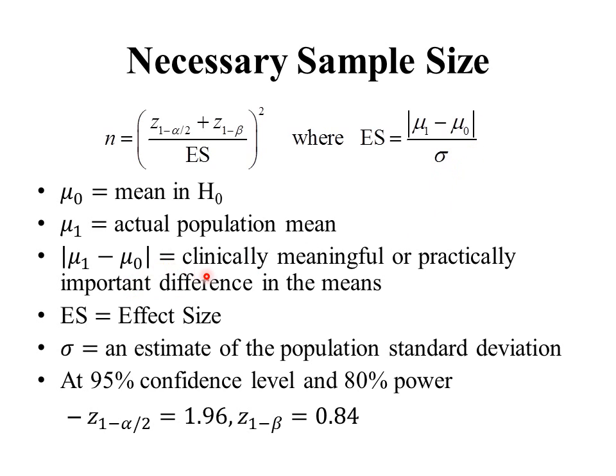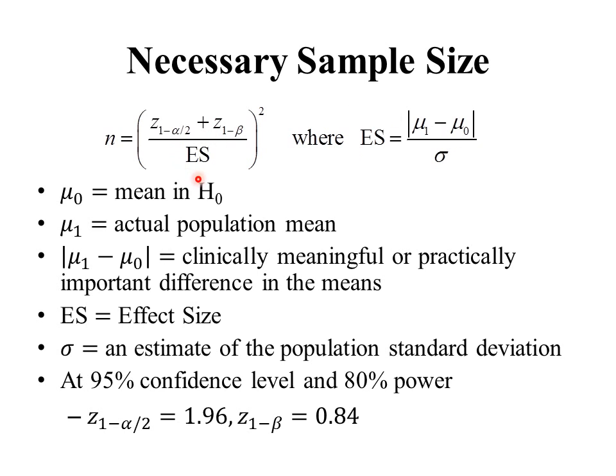This difference here is what we call the clinically meaningful or practically important difference in the means. In this case, this meaningful difference is 5. Now this number in the denominator is sigma, an estimate of the population standard deviation. So we're going to take this difference, divide it by sigma, and we're going to get this effect size.